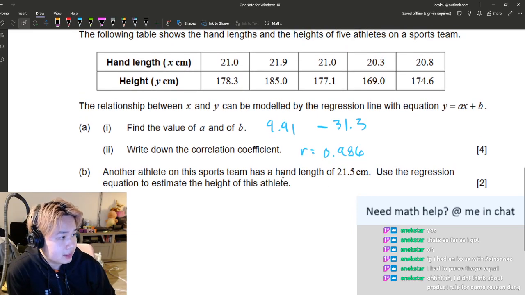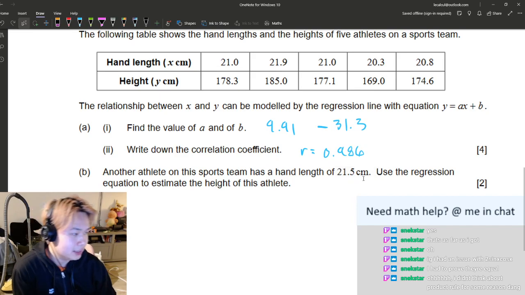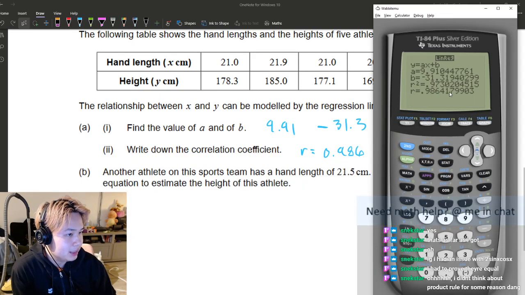Okay, so what is this now? So we have another athlete whose hand length is this. Use regression to estimate his height. So this is the x value, and then all we do is we plug it into here using the appropriate coefficients.